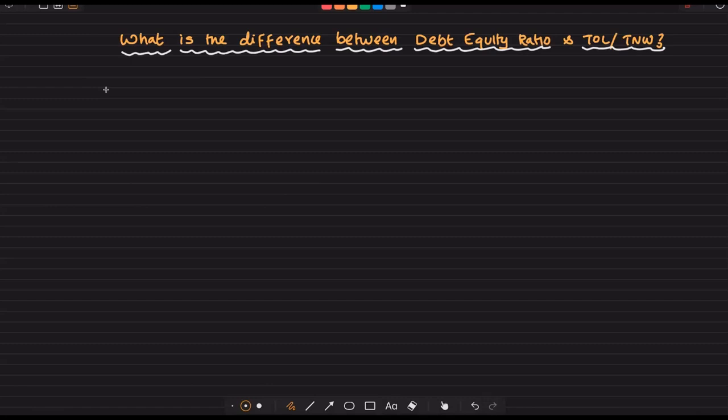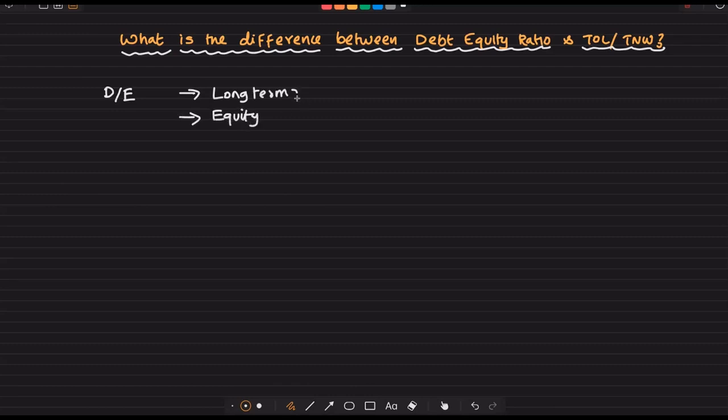In your academics, when you have studied your finance programs, you would have studied that in debt equity ratio, debt is only long-term debt and equity represents the owner's money.